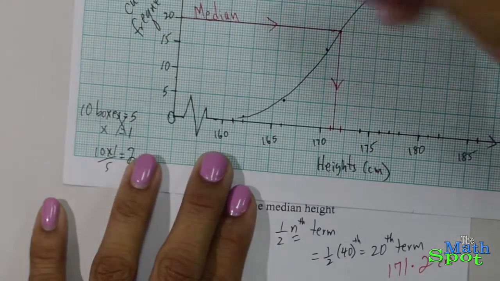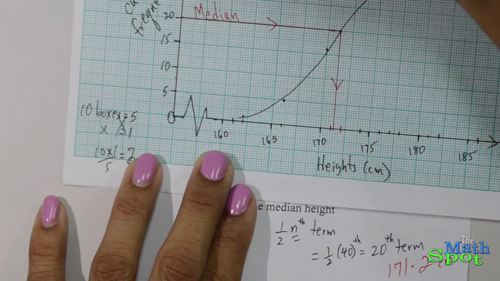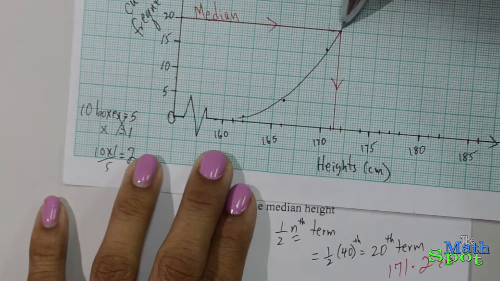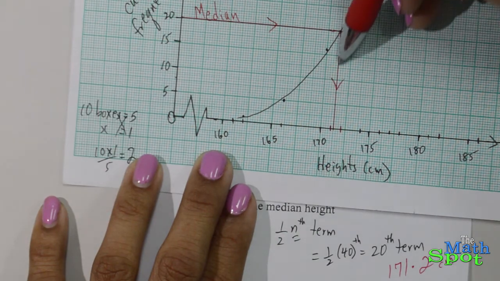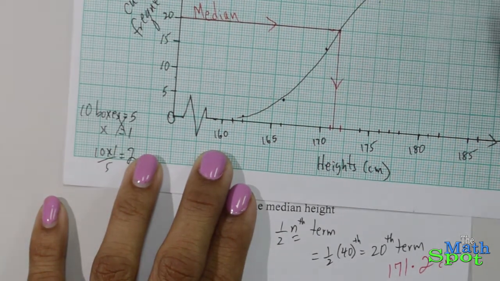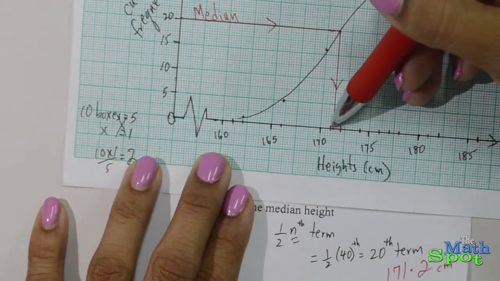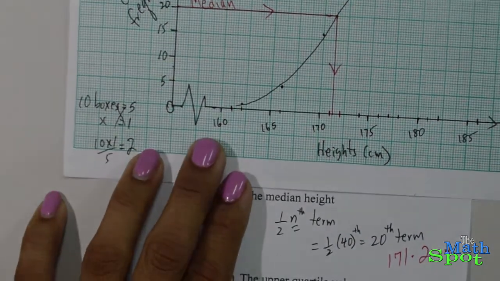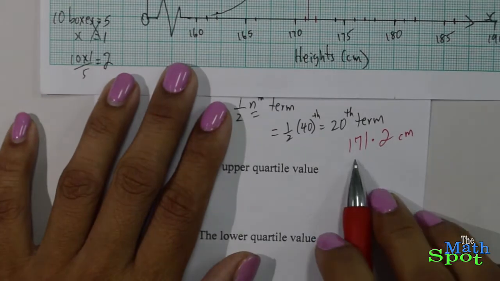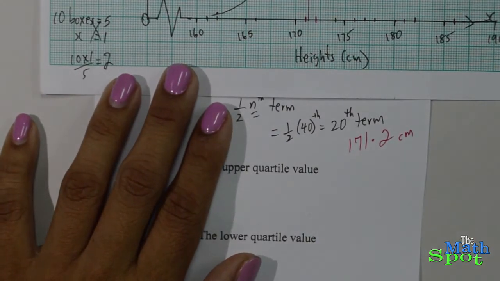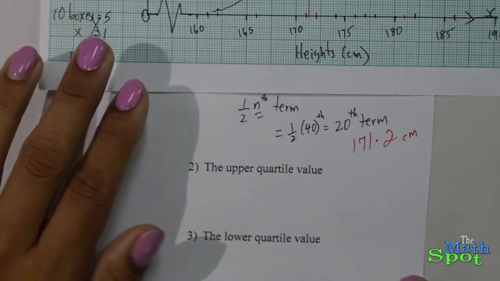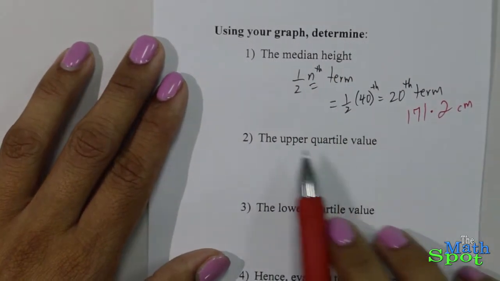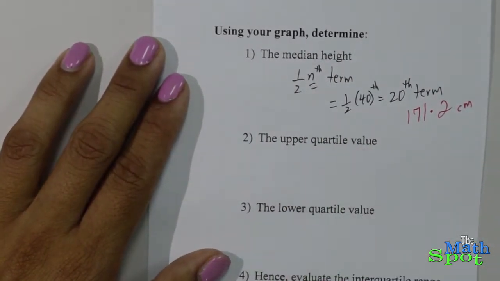You go to your curve starting from your frequency, cumulative frequency axis. You draw that straight line until you reach the curve, and then you make a right angle, turning down to your x-axis, and then you read that position there. And for us, it's approximately 171.2 centimeters.